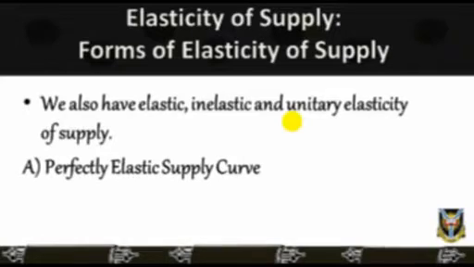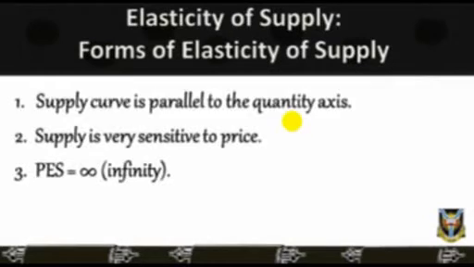A. Perfectly elastic supply curve. 1. Supply curve is parallel to the quantity axis. 2. Supply is very sensitive to price. 3. PES equals infinity.